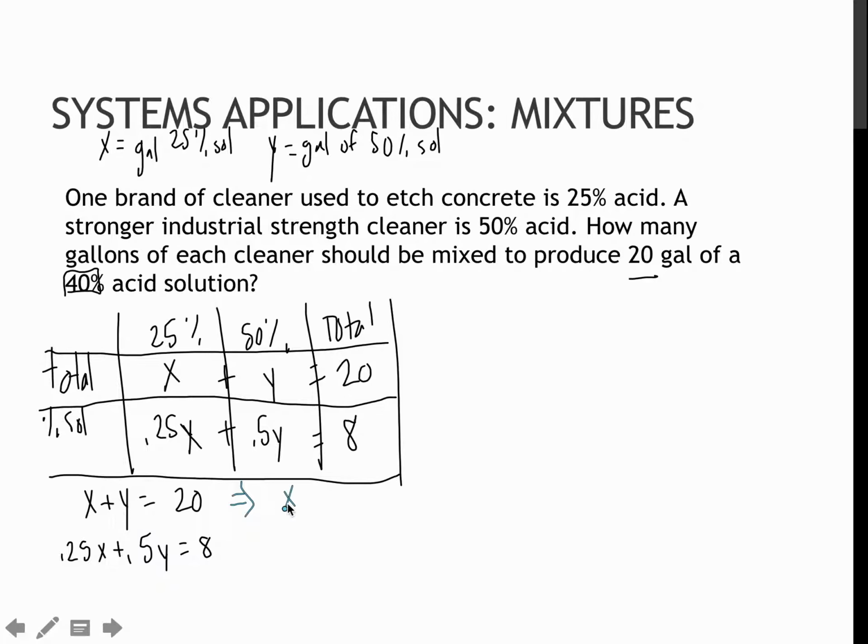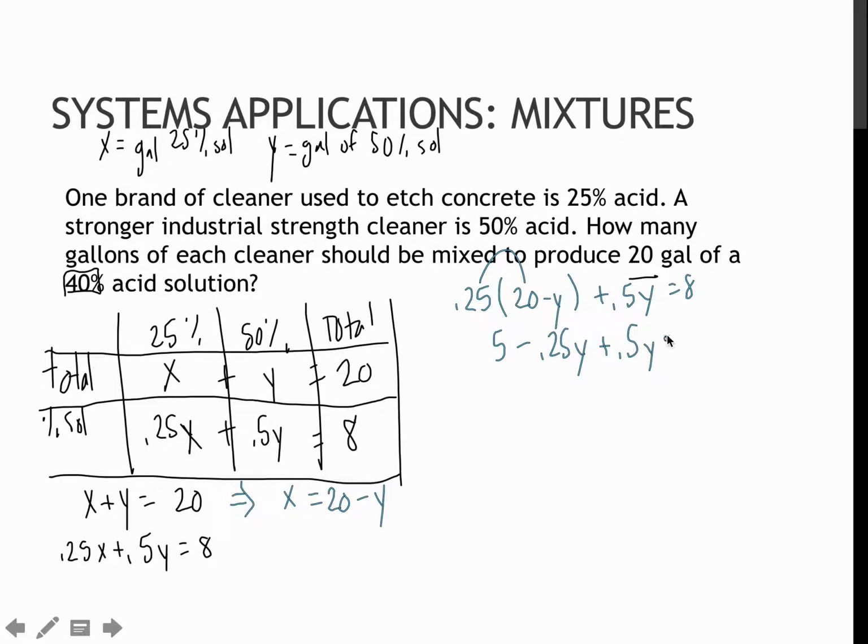So I'm just going to subtract the Y from each side and say that X is 20 minus Y. And now I'm going to take this equation, 0.25, and I'm replacing X with 20 minus Y, and then plus 0.5Y equals 8. I'm going to distribute, so 0.25 times 20 is 5, 0.25 times minus Y, minus 0.25Y.